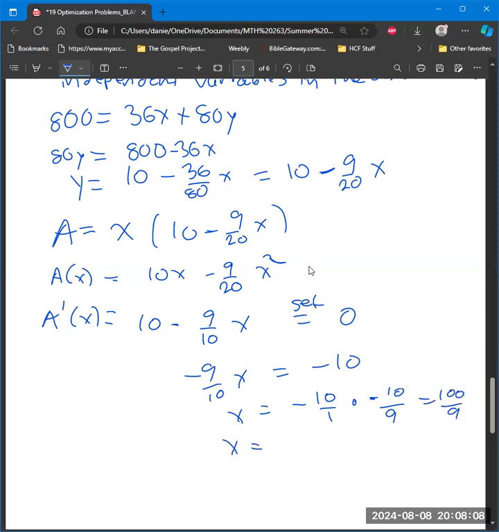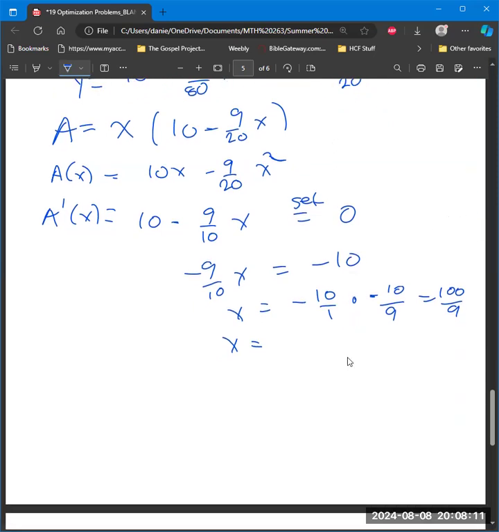X is equal to 11 1/9 feet. I'll leave it as 100 over 9 for a second, just so we don't get any rounding error.